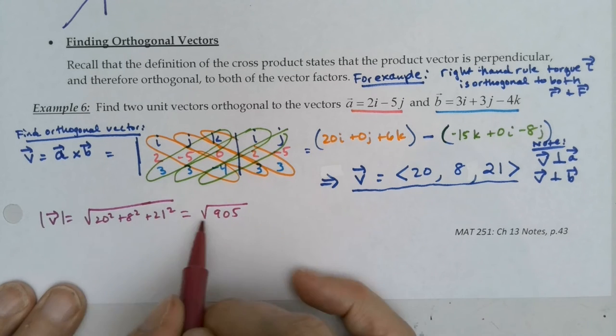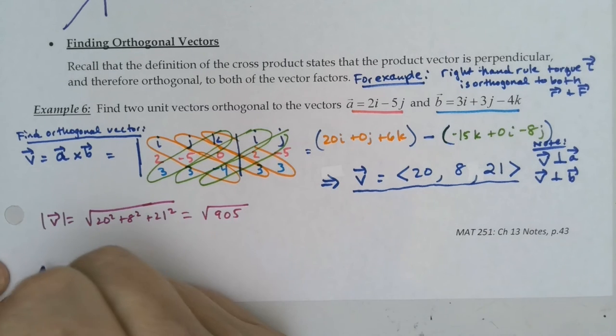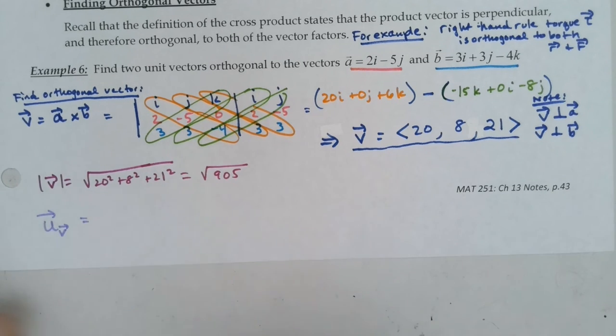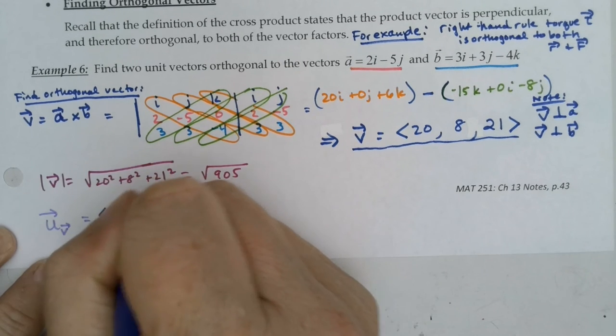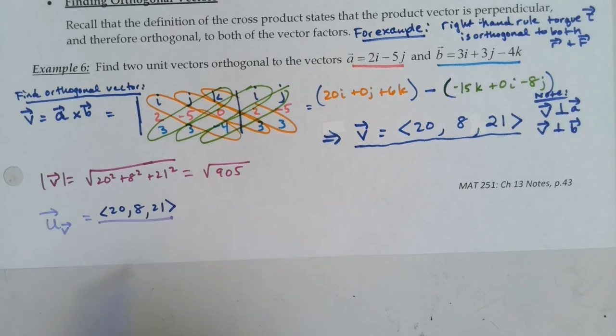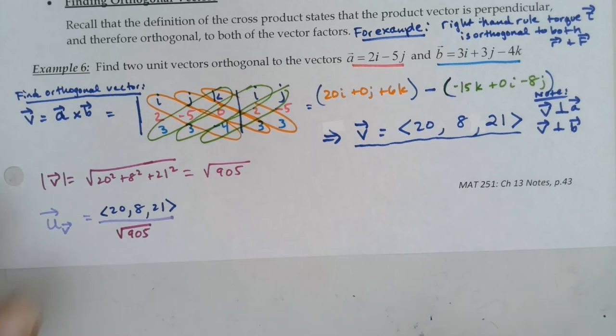Well, how does that help? To make your unit vectors in the v direction, you take 20, 8, and 21, and you divide them by the square root of 905. That will get you one of them.